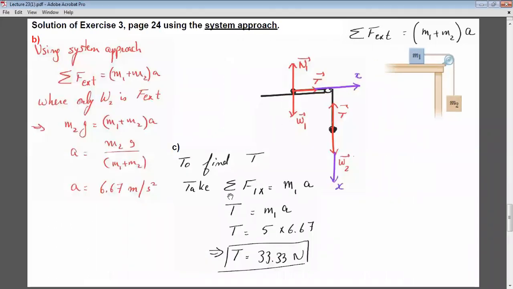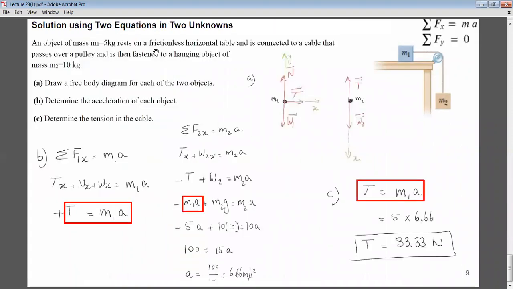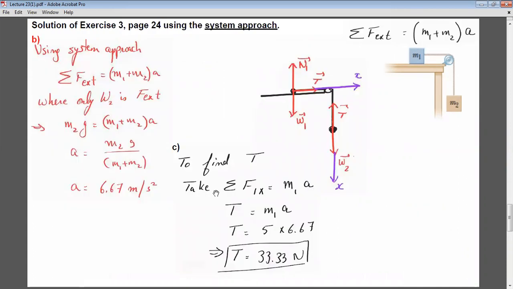Over here, you will find the solution using the system approach, and over here, the solution using two equations and two unknowns. I advise you not to look at the solution, to hide it and to do it on your own in order to see if you understood the concept or not.